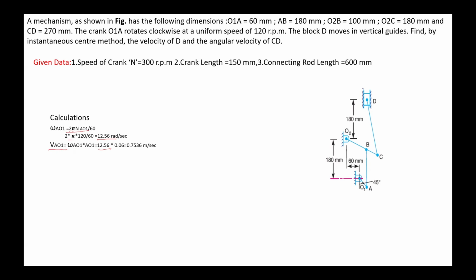So 12.56, the omega of O1A, multiplied by 0.06 meter, the length of O1A. So we get the velocity of the first link, that is A, as 0.7536 meter per second. This is the very first step. We have to find out the velocity of the crank at the very first stage.